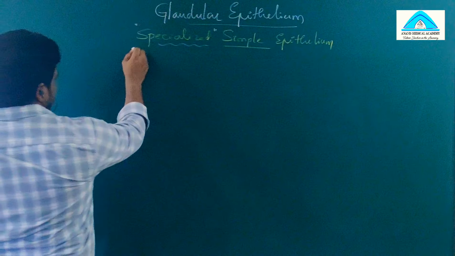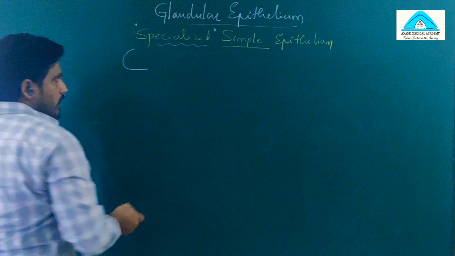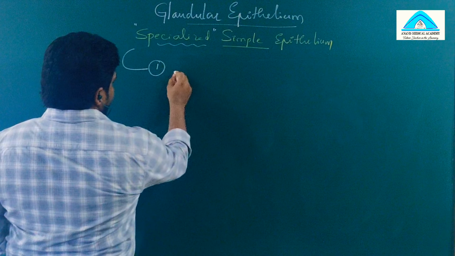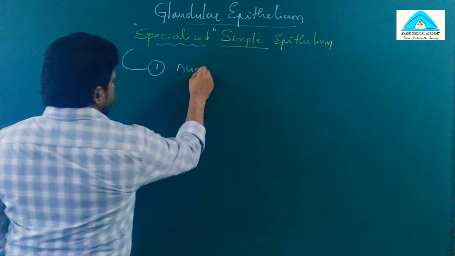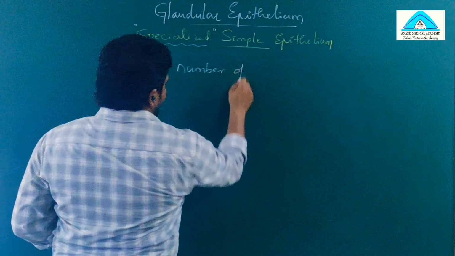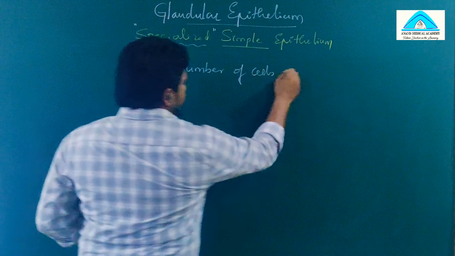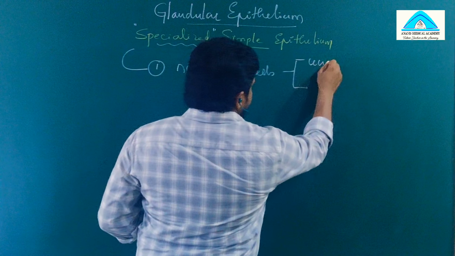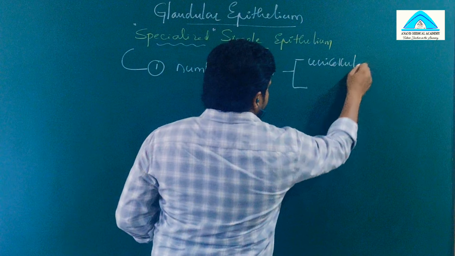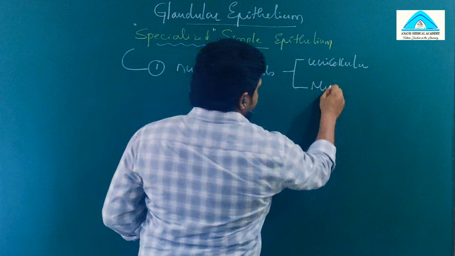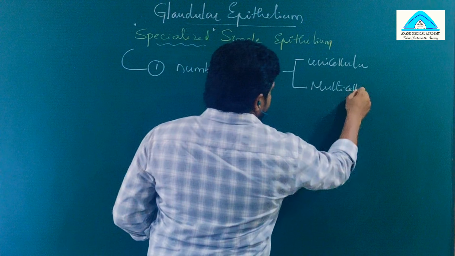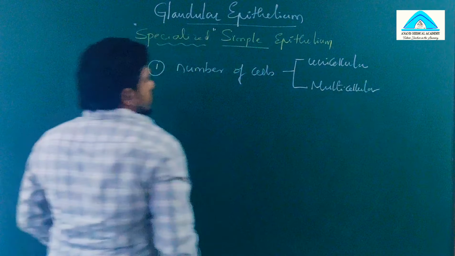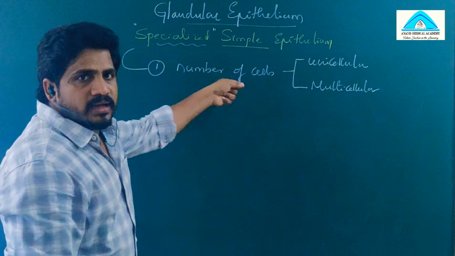Okay guys, everything is clear about the classification of glandular epithelium. The first one is according to the number of cells. There are two types, unicellular and multicellular. So a gland may be a single cell or many cells.